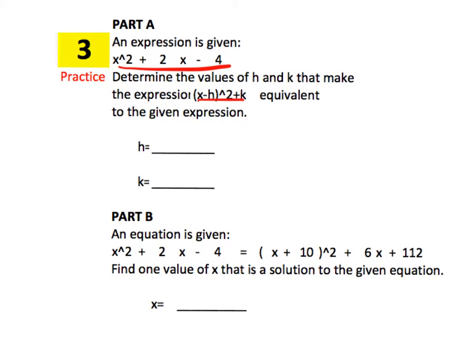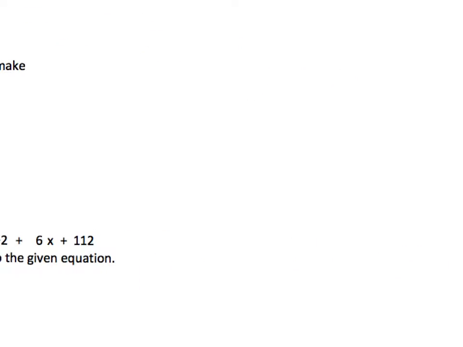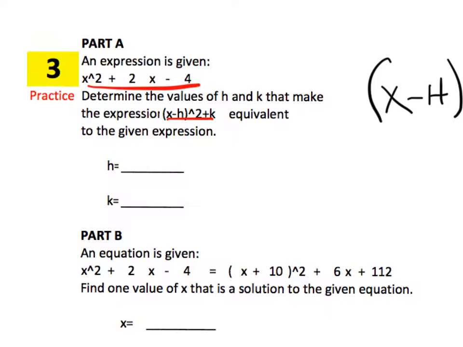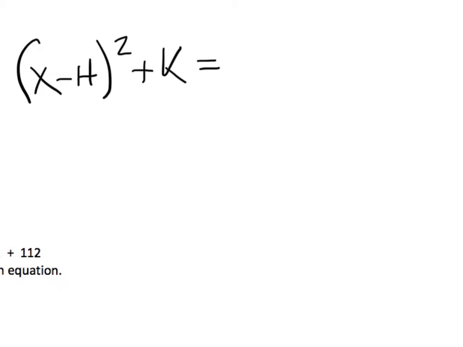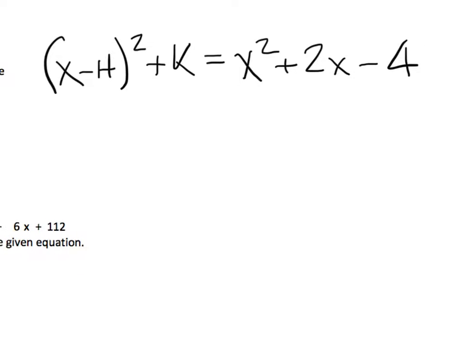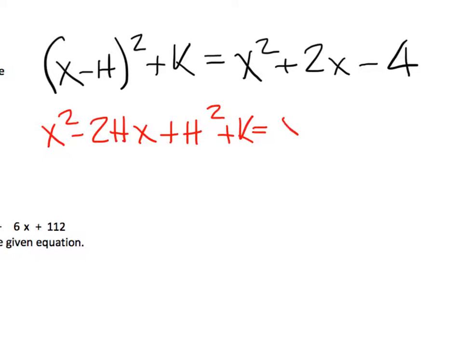On this problem here, we need the general form, which is the quantity squared of x minus h, close the quantity, plus k, and set that equal to x squared plus 2x minus 4. Okay, so if we expand out the left, we have x squared minus 2hx plus h squared plus k, and we set that equal to x squared plus 2x minus 4.